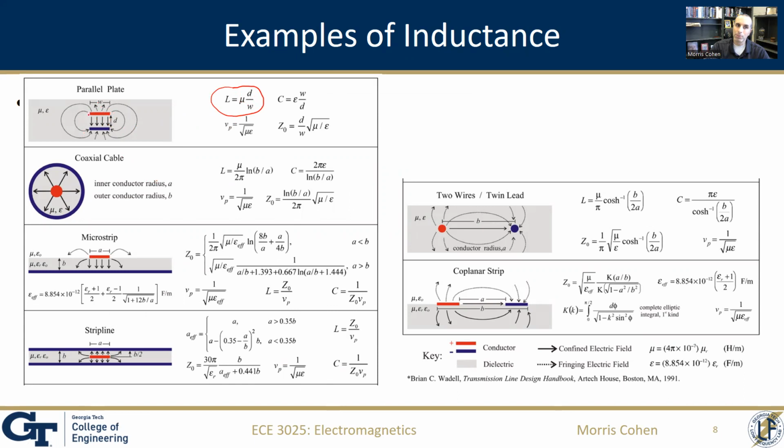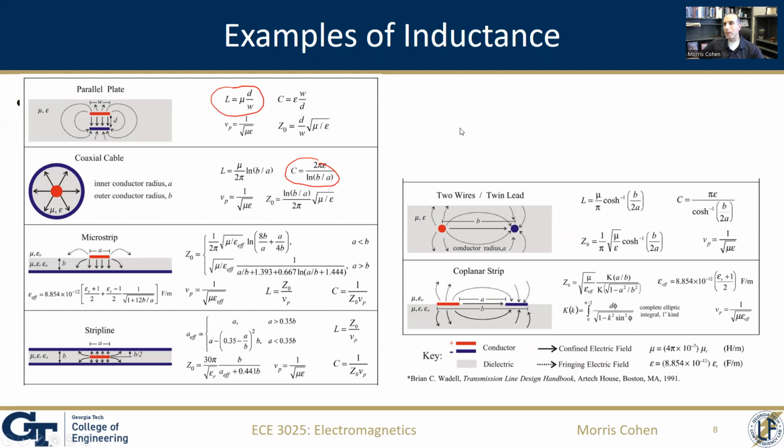D is the distance between the plates, and w is the width of the plate. We can do this for a coaxial cable. We can do this for other geometries of transmission lines. And let's just say that these are solved analytically, but the number of problems that you can solve with an analytical solution is relatively small. And so it's not really worth describing how you do that.